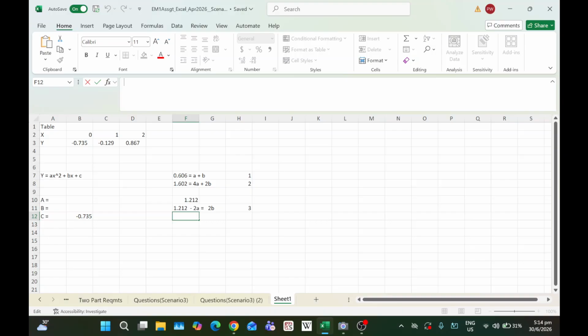And the other value, from equation 2, I shall be having 1.602 equals 4a plus 2b. Since 2b is that, we can substitute that in, plus 1.212 minus 2a.